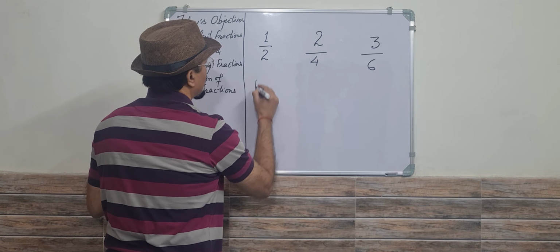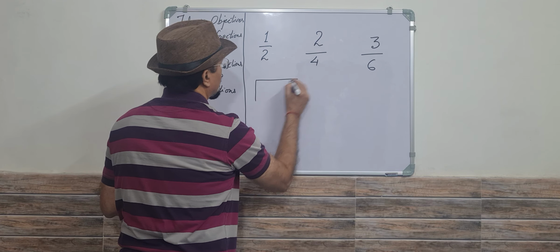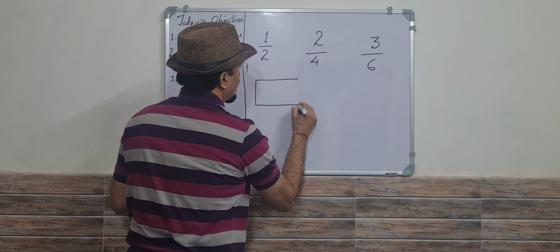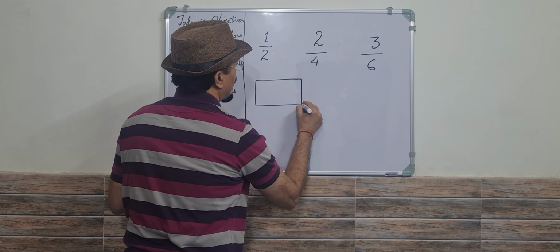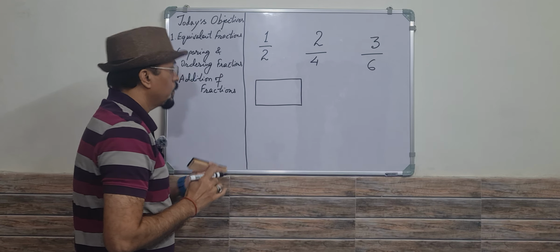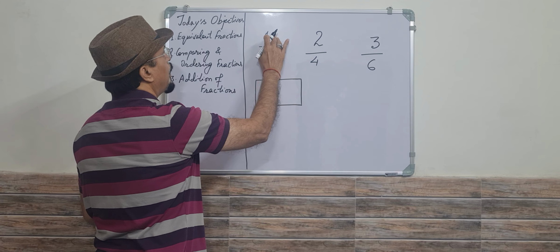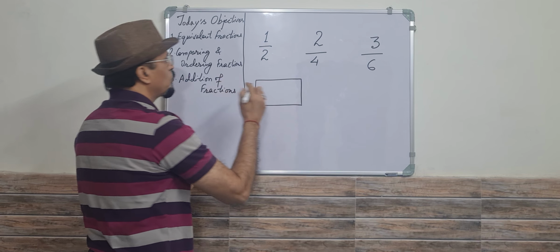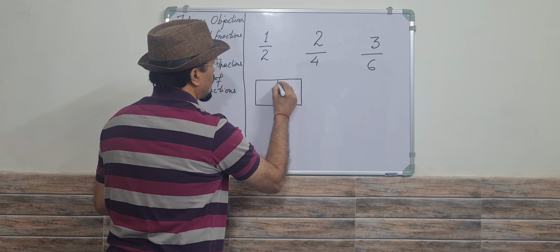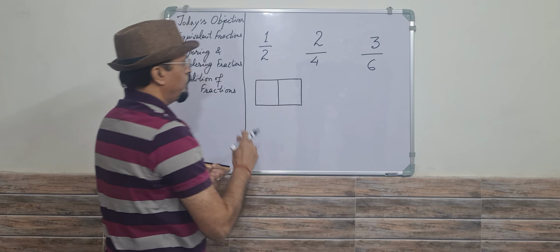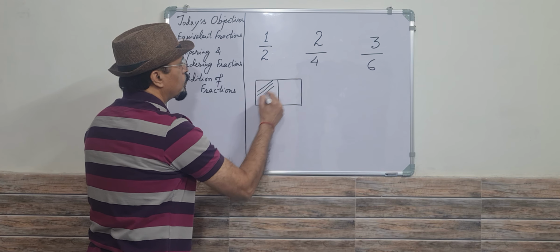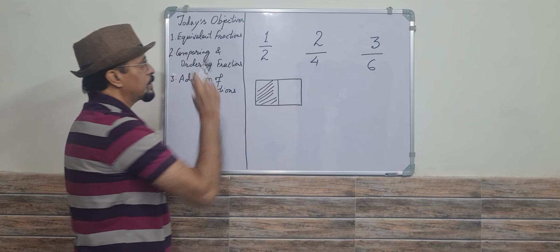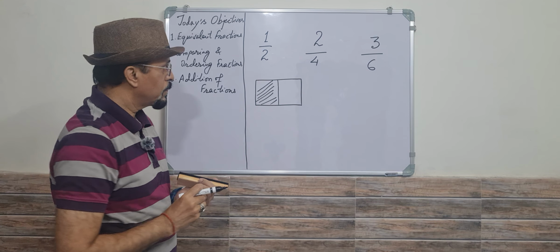Supposing I have this rectangular figure, and if I say 1 by 2, that means one part out of a total of two parts. So can I represent it like this? One part out of two parts. This is 1 by 2.